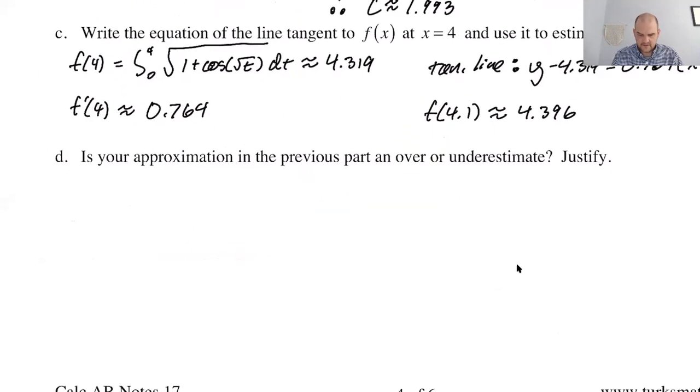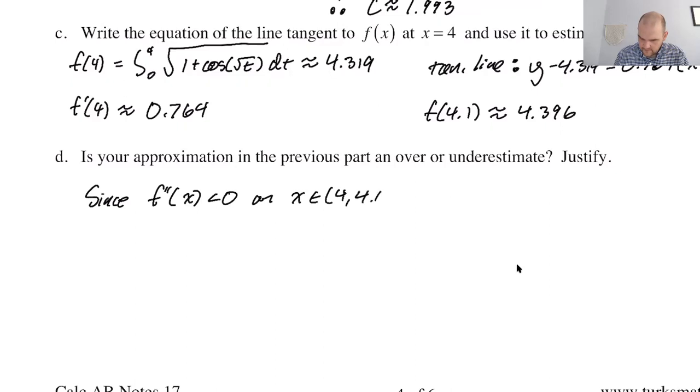Here we go. So I'm going to say, since f double prime of x is less than 0 on the interval 4 to 4.1, f of x is concave down on that interval.